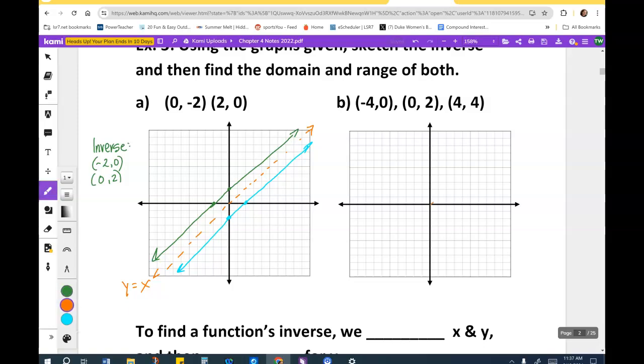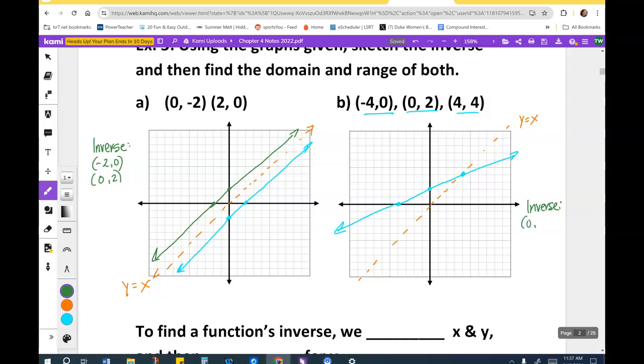Okay, we can do the same thing on this one. I'm going to do my y equals x line. It's supposed to reflect over that if they're inverses. In blue, I'm going to graph all 3 of these points. So I have negative 4, 0, I have 0, 2, and I have 4, 4. These are the original points that they gave us. My inverse points are going to flip all of those.